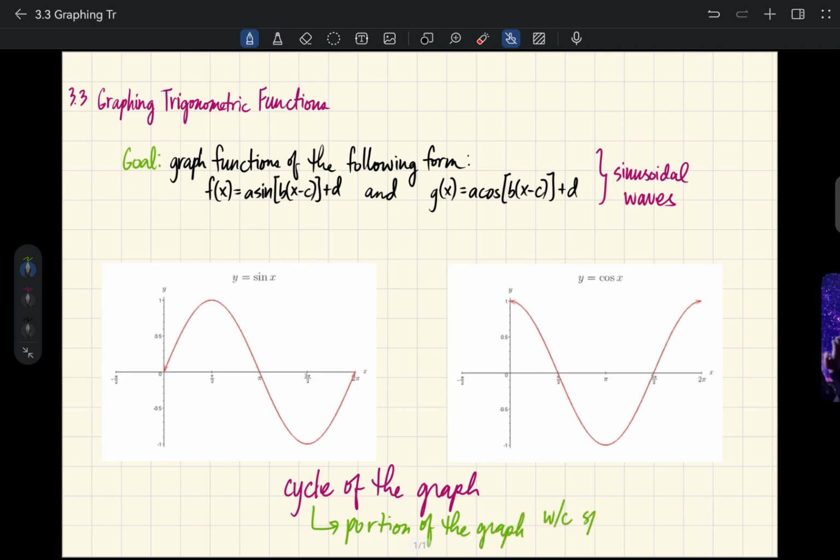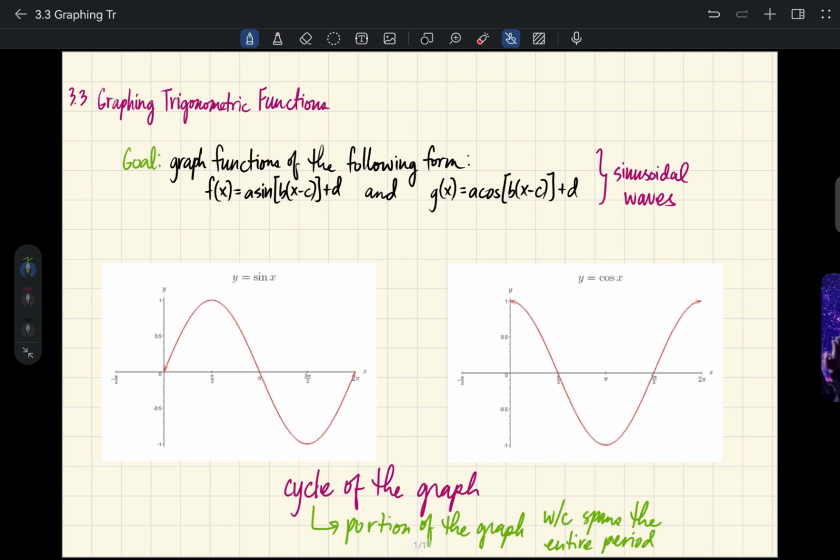Okay? So let's observe first y equals sine of x.